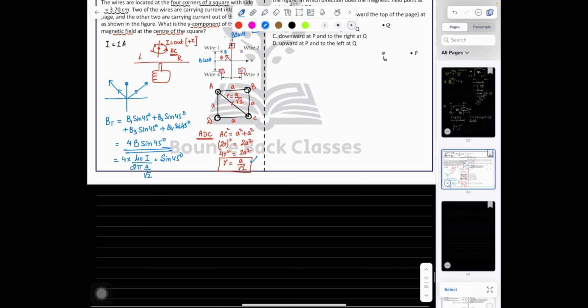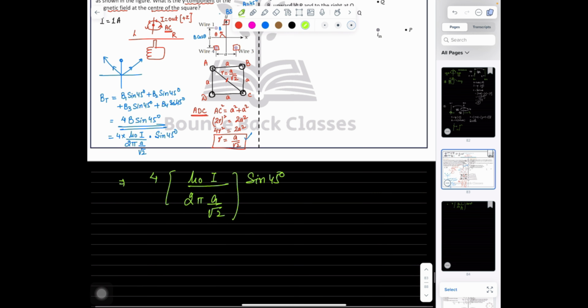Okay guys, now just continue this question. So we get 4 times mu naught I divided by 2 pi, A by root 2, sine 45 degree. Solve it. We know sine 45 degree is 1 over root 2.